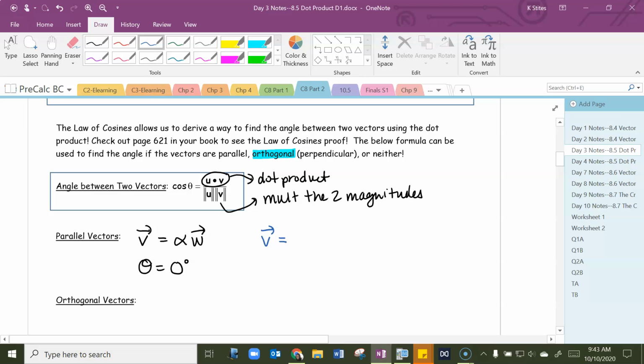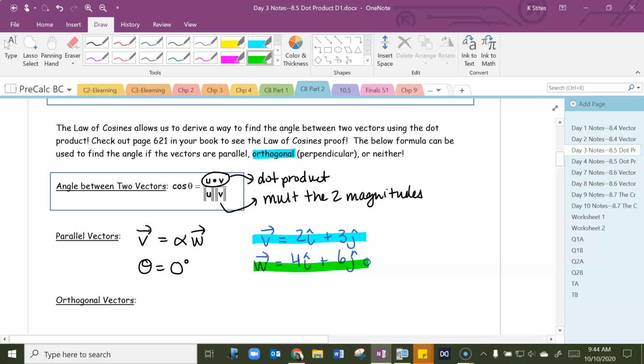Let's say vector v is 2i plus 3j, and let's say vector w is 4i plus 6j. We would consider these parallel vectors because you can multiply vector v by a constant, in this case 2, and when you multiply vector v by 2, you get vector w. See how 2 times 2 is 4, 3 times 2 is 6.